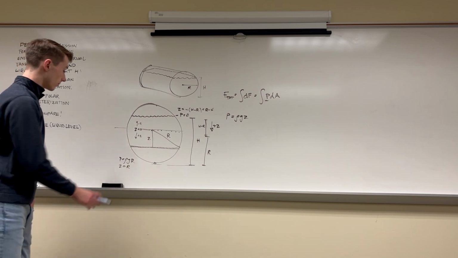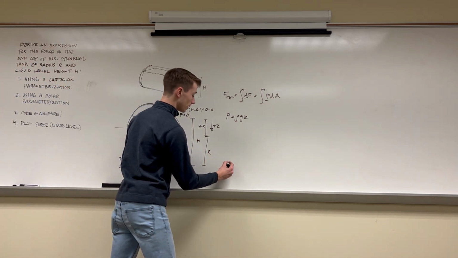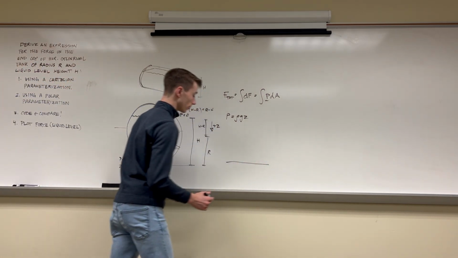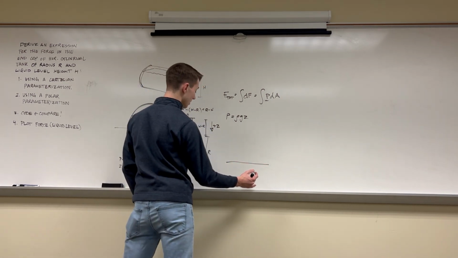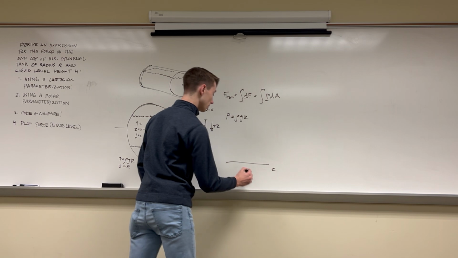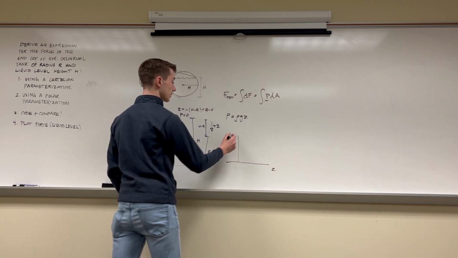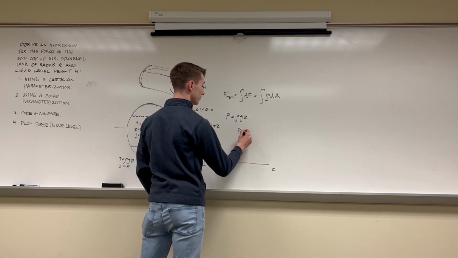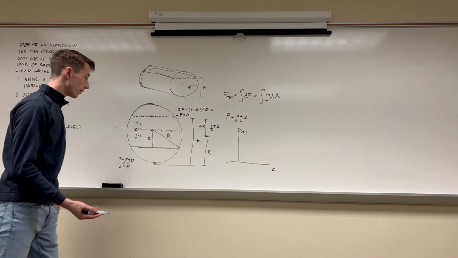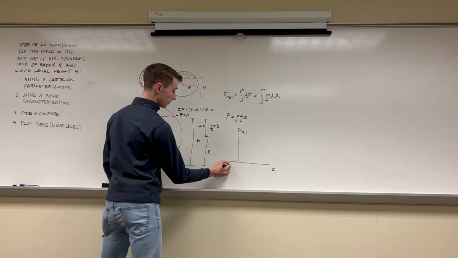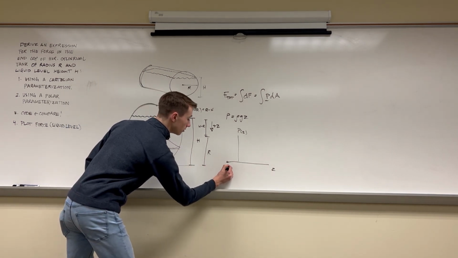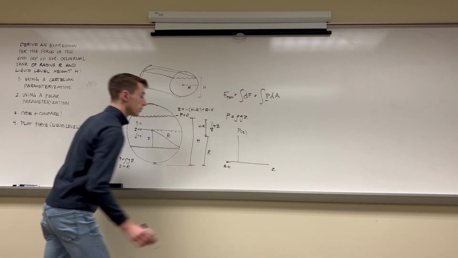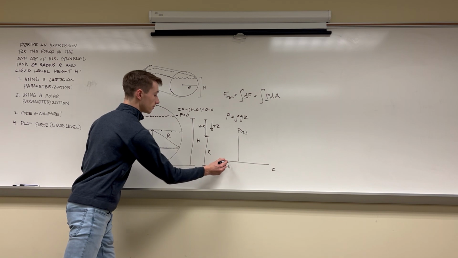If we think about this as a linear trend, I'm going to draw a little graph here where our bottom axis is the depth z, and our top axis is the pressure as a function of depth. We already said at negative h minus r, r minus h, we have a pressure of 0.